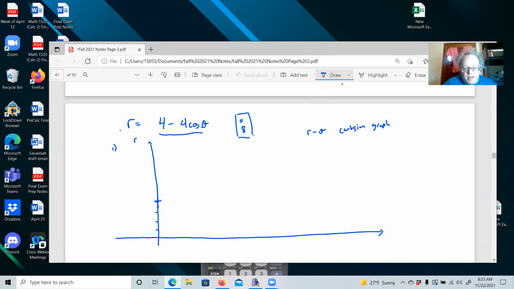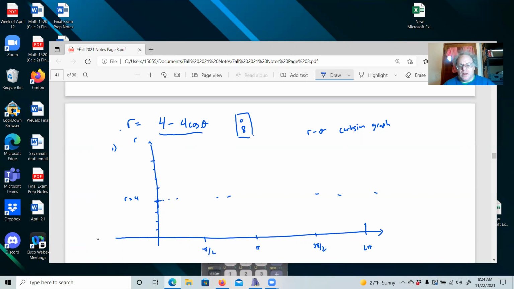Okay, so here's my r up to 8. We're going to go from 0 to 2 pi, with pi over 2 and 3 pi over 2.